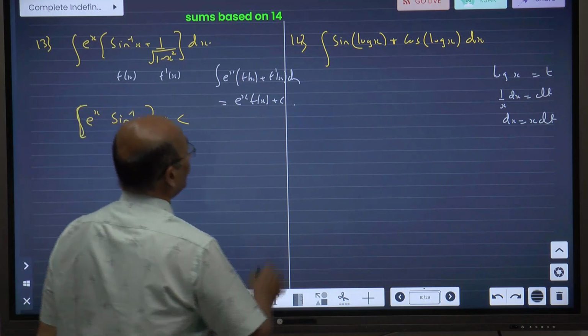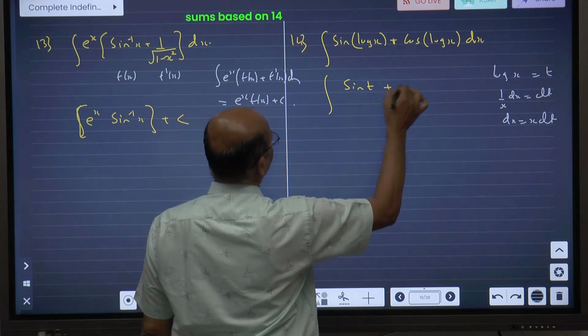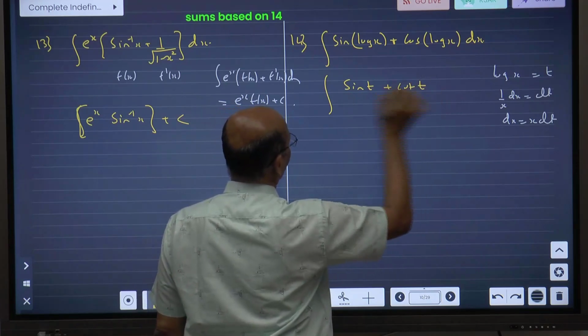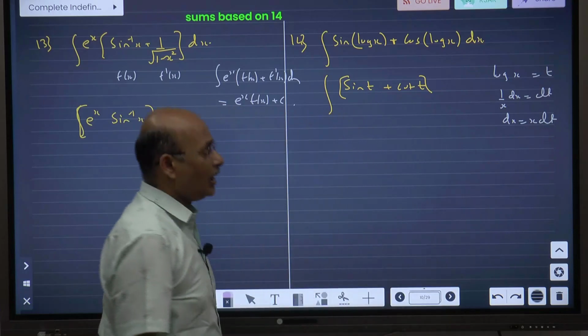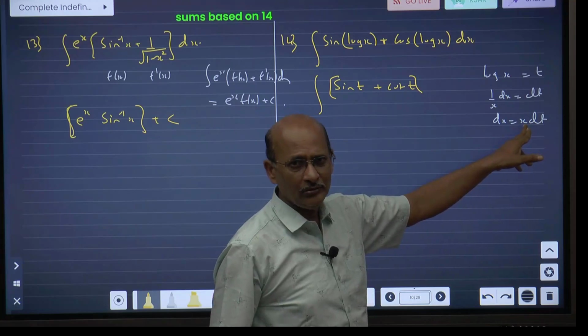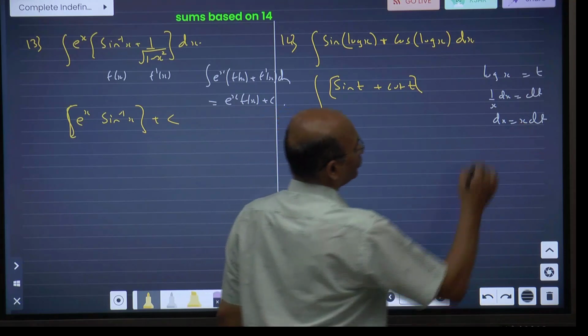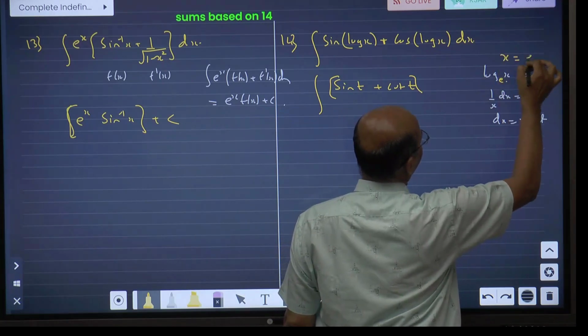Now look, this will become sin t plus cos t. Now dx is x dt. But if dt comes, the x has to be replaced by something else. So this is e, right? From here, can I say x is e raised to t?